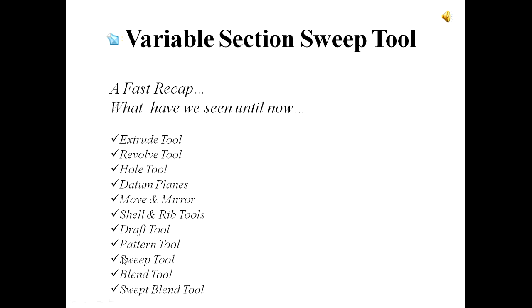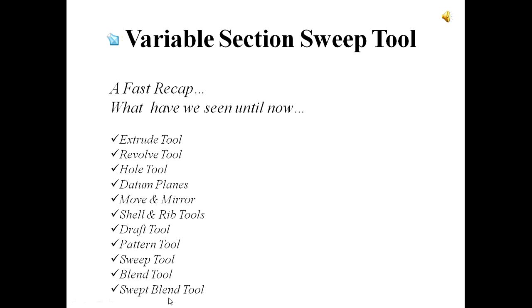Sweep tool, in which a solid is generated by moving the section along the trajectory, is also a primary feature. Blend tool, in which a solid is generated by joining sections, whether they are on parallel planes, rotational planes, or a combination of parallel and rotational, is also a primary feature.